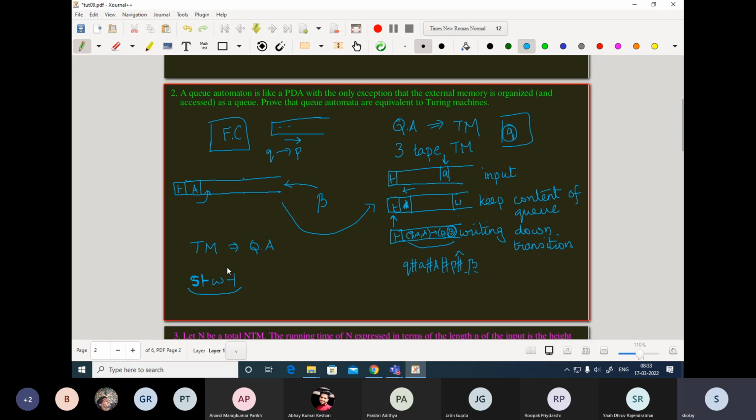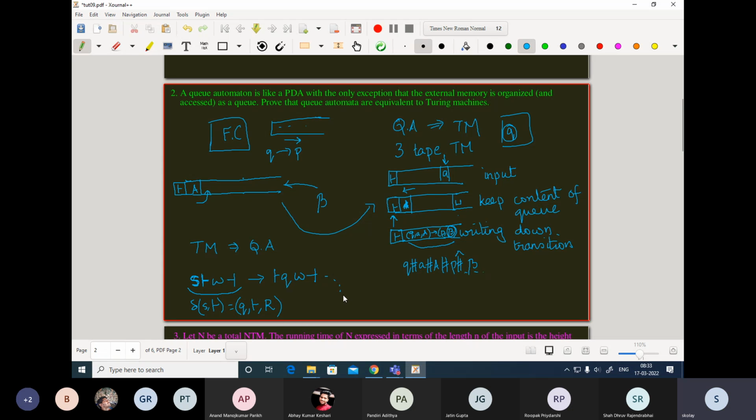So now all I need to do is remember these configurations of the Turing machine. So suppose after this I apply delta of S, left hand marker is equal to Q, left hand marker, right? Okay, so then my next configuration becomes left hand marker Q W right hand marker, right?